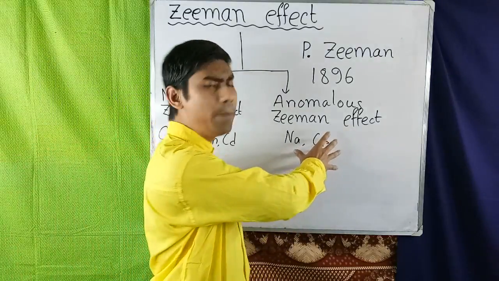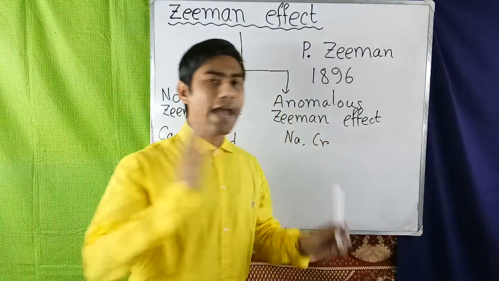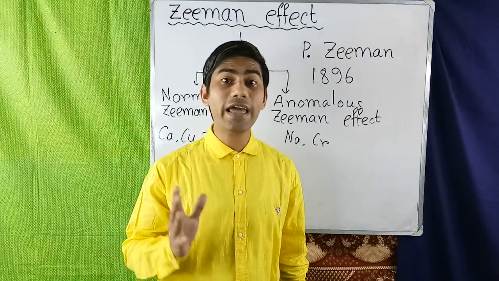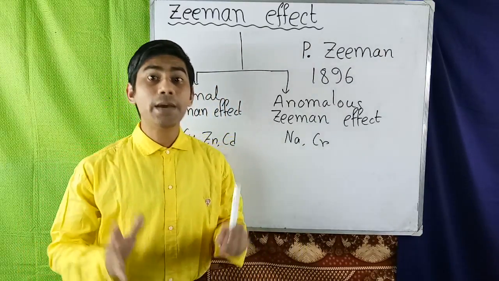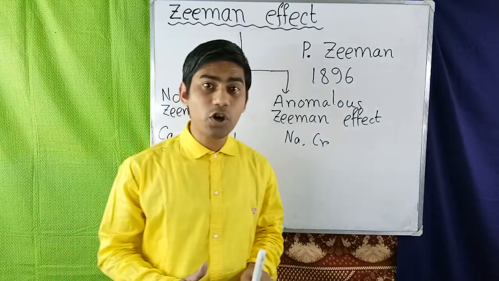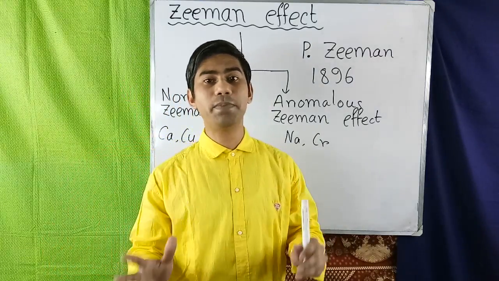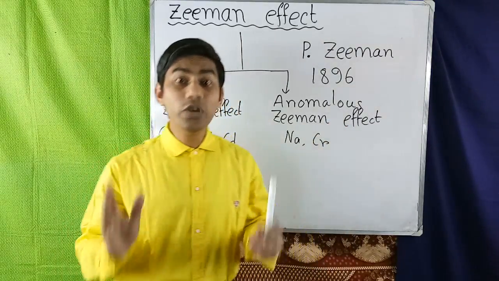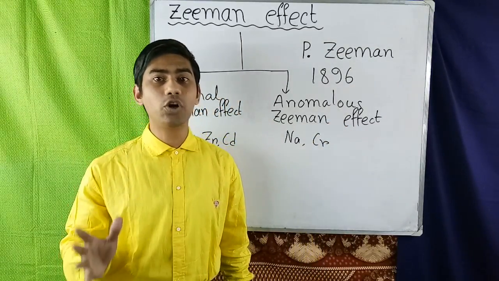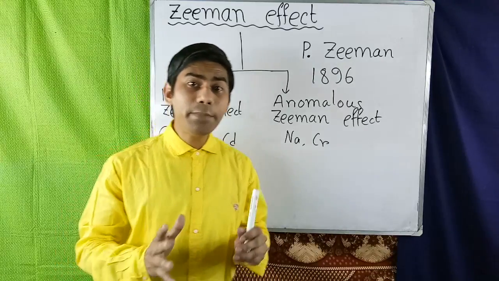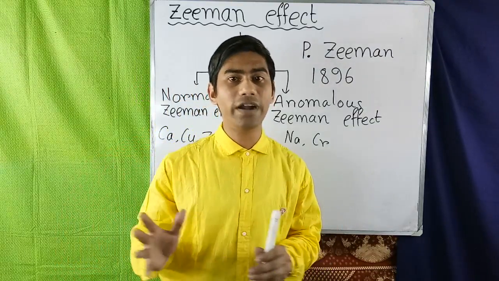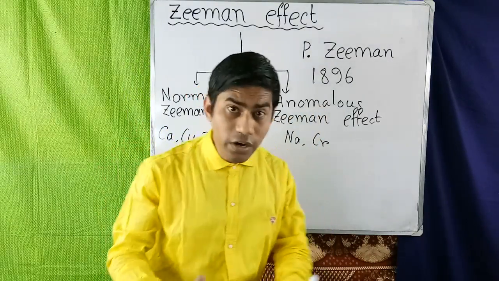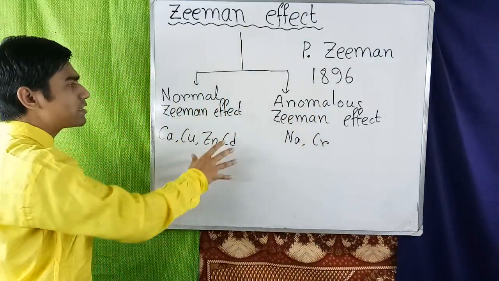Now, this effect is not really anomalous as it can be explained by the vector atom model, which is based on the concepts of electron spin and space quantization. This effect is anomalous with respect to Lorentz electronic theory and the pre-vector atom model old quantum theory. The anomalous Zeeman effect is more commonly observed than the normal Zeeman effect.